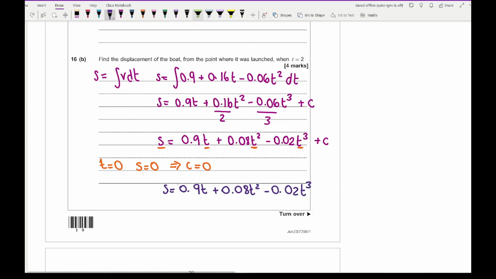And the question asks us to find this displacement value when t is equal to 2. So we have a substitution that we can use to work out our displacement.